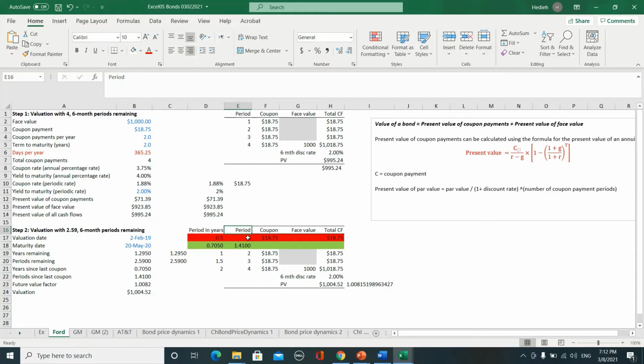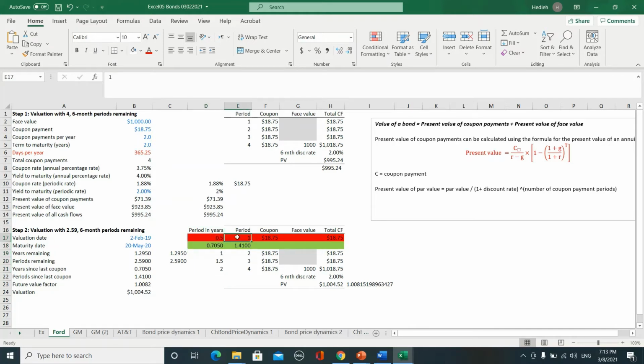As you remember, we had period 1, period 2, 3, and 4. Period 1 is the first 6 months. Period 2 is the second 6 months. So 1 year has passed, right? In the first column here, I'm just writing how many years have passed, okay?